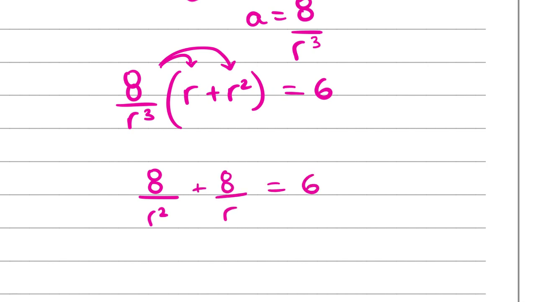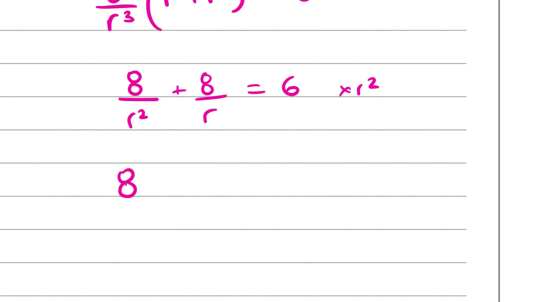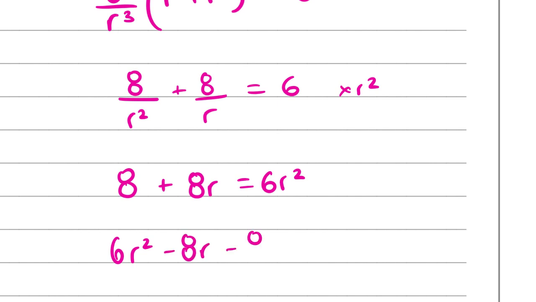And this equals 6. Now, what I want to do is multiply everything by r squared so that we don't have r's on the denominator. So 8 over r squared times r squared is 8, and 8 over r times r squared is 8r, equals 6r squared. I'm going to move everything to the right-hand side: 6r squared minus 8r minus 8 equals 0.